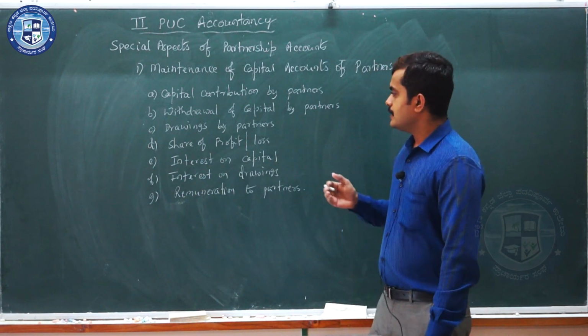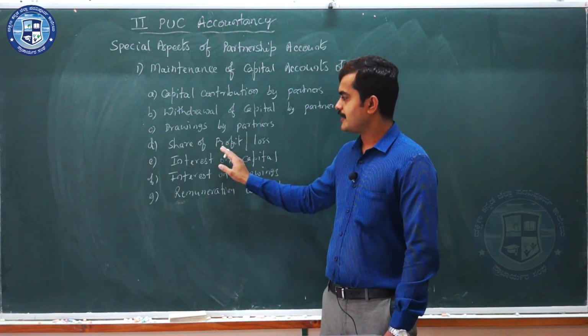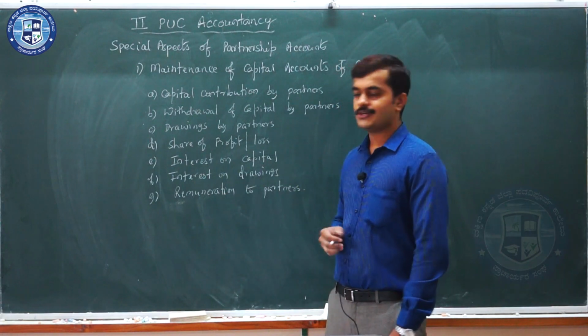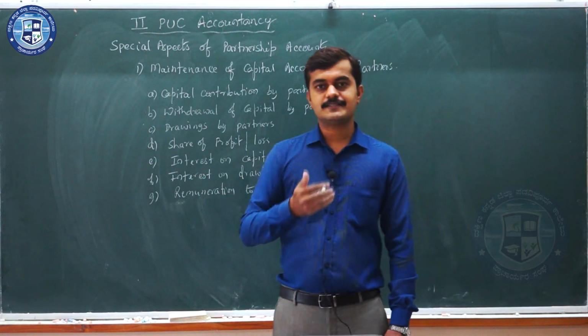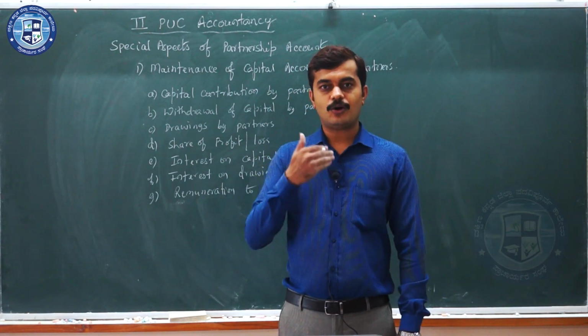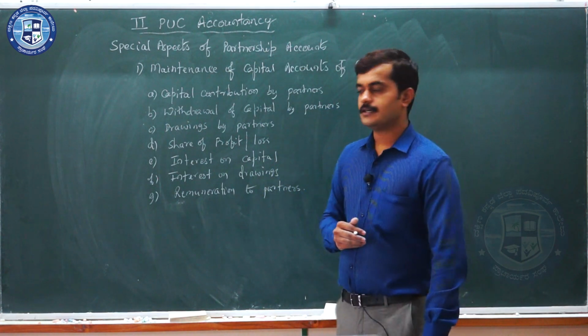Coming to the remaining 5 transactions, drawings, share of profit or loss, interest on capital and drawings, and remuneration to partners, usually these are recurring in nature. They often take place in the case of any partnership firm.